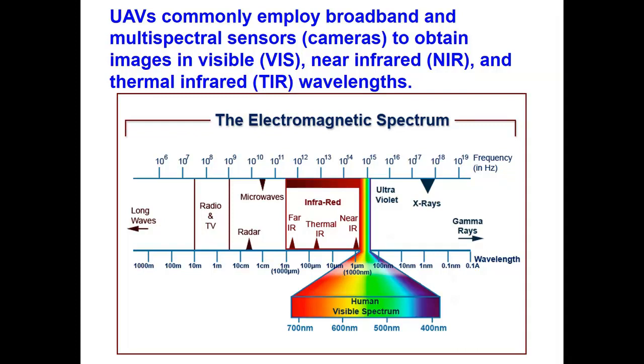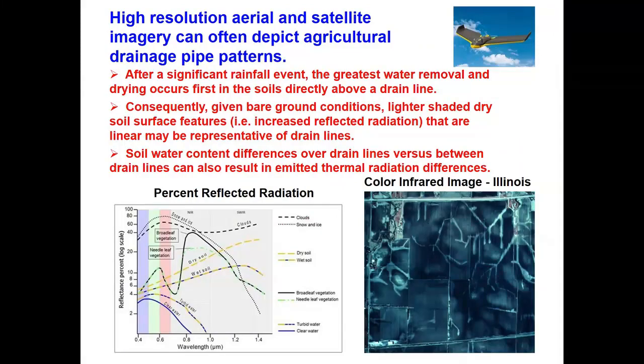They're now doing testing on geophysical sensors, even mounting ground penetrating radar and electromagnetic induction, but that's more in the future. A few years from now, you're going to see a lot more different sensors. But right now, broadband multispectral imagery that gives you visible through near infrared and thermal infrared is what's most common.